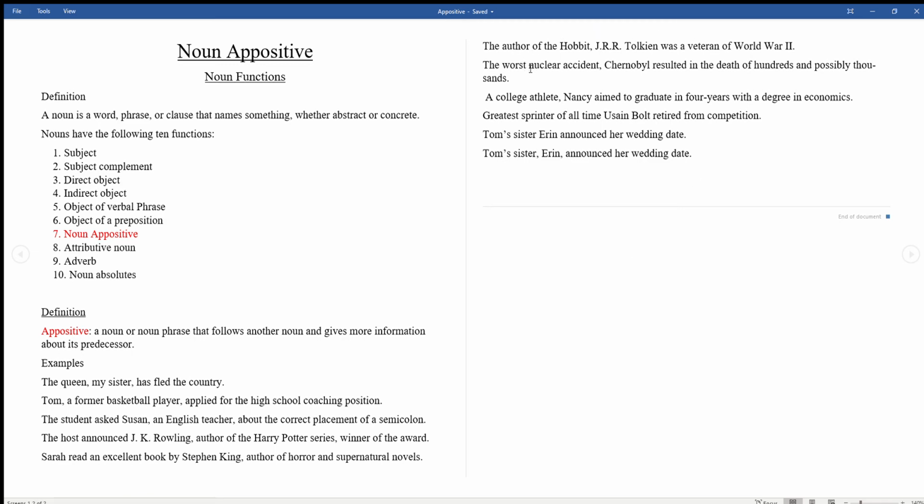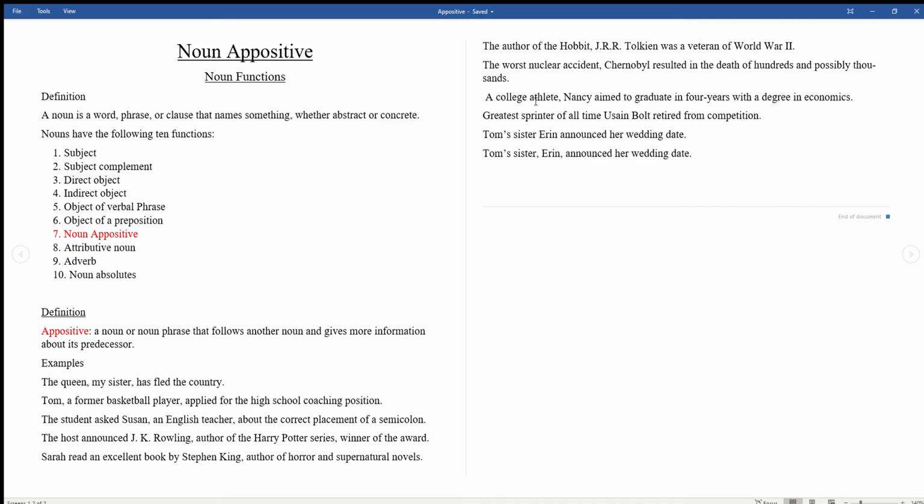This next sentence is very similar to the one about Tolkien. This is the worst nuclear accident. Chernobyl resulted in deaths of hundreds of thousands. So again, the appositive comes before Chernobyl, and then Chernobyl is the noun that we're modifying. There's also other ways we could do this.